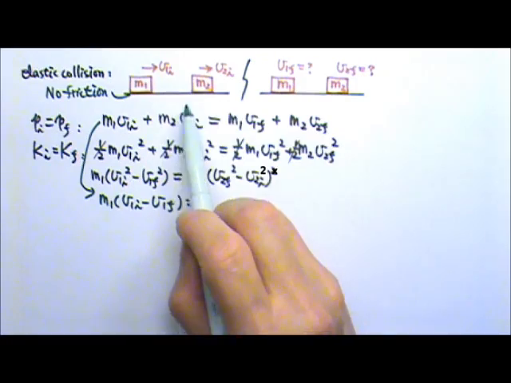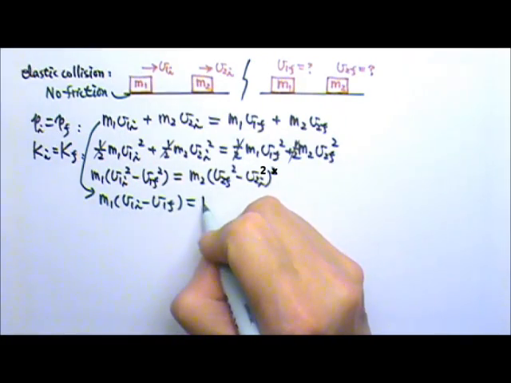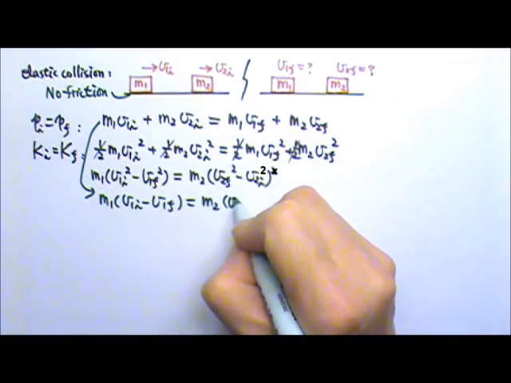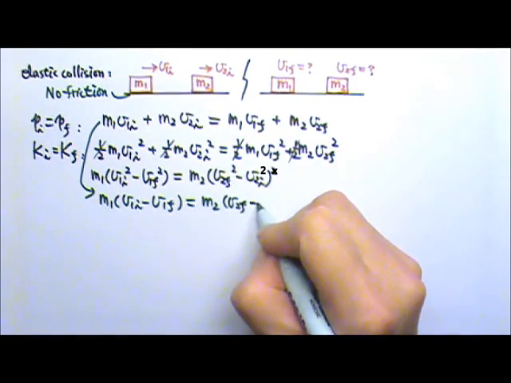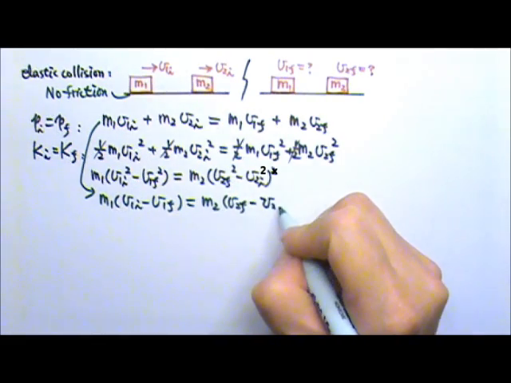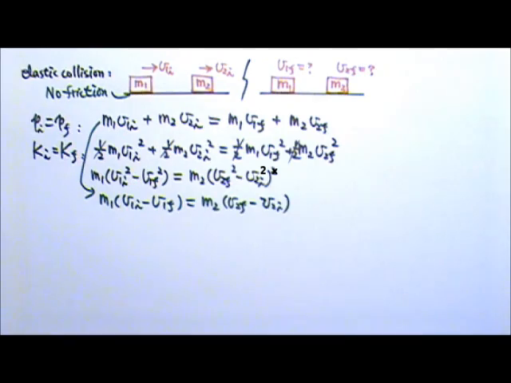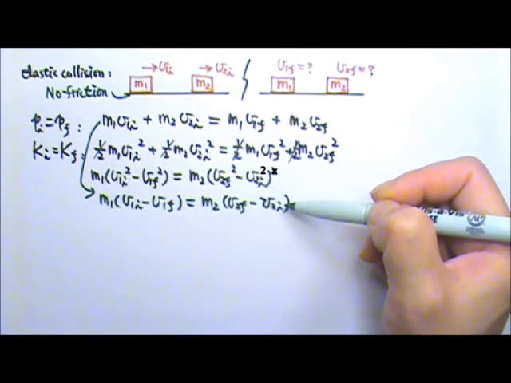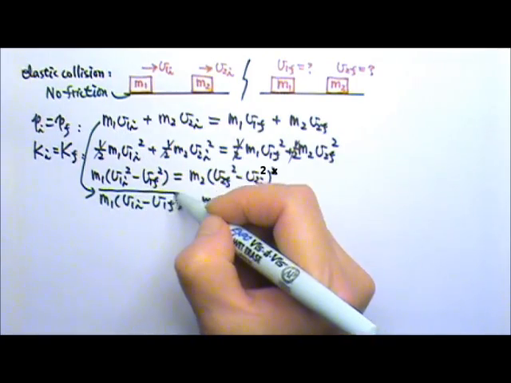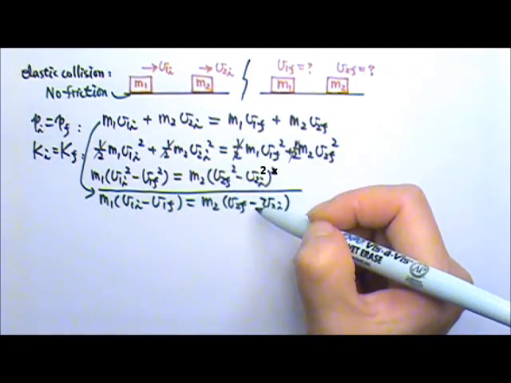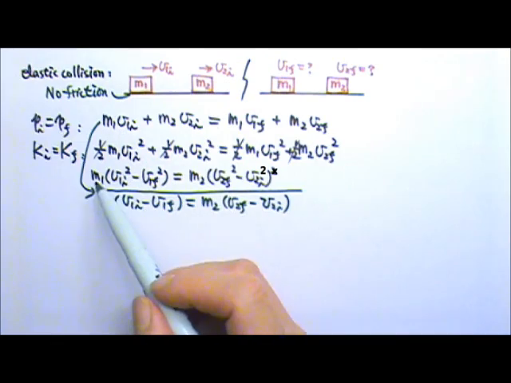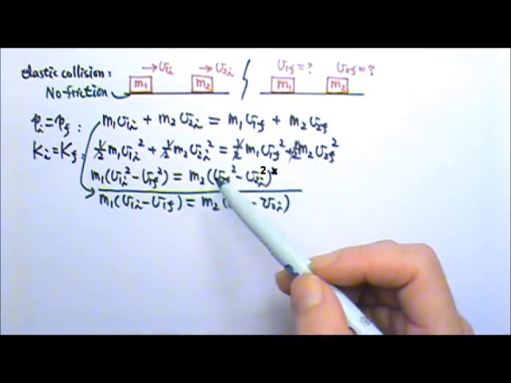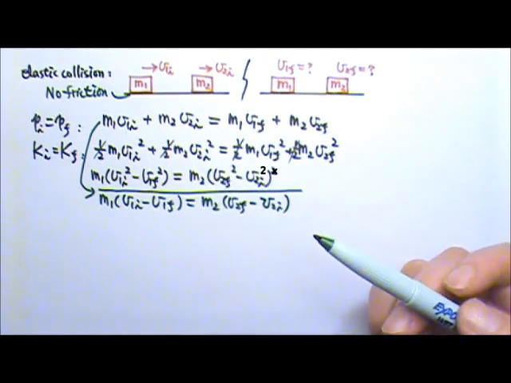And move the m2 term to the other side, factor out the m2, and I'm left with v2f minus v2i. And then what I'm going to do is divide this equation by that one. So this divided by that. And you can see the m1s will cancel, the m2s will cancel.